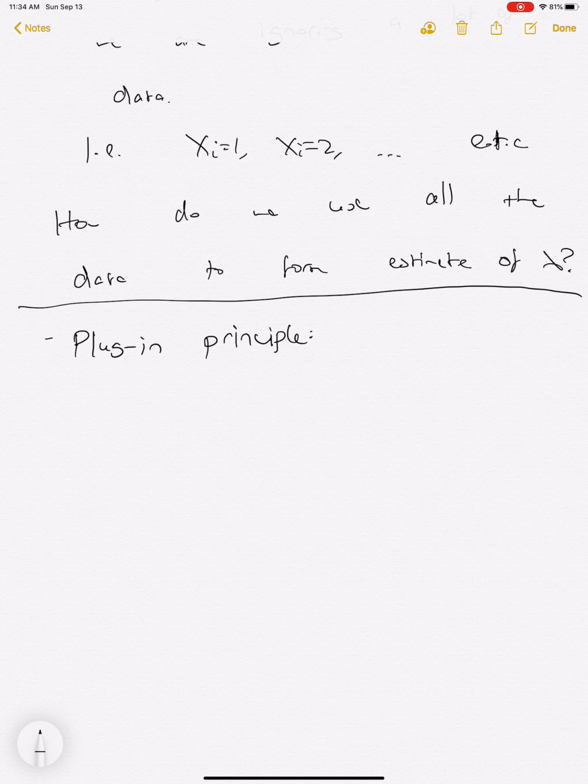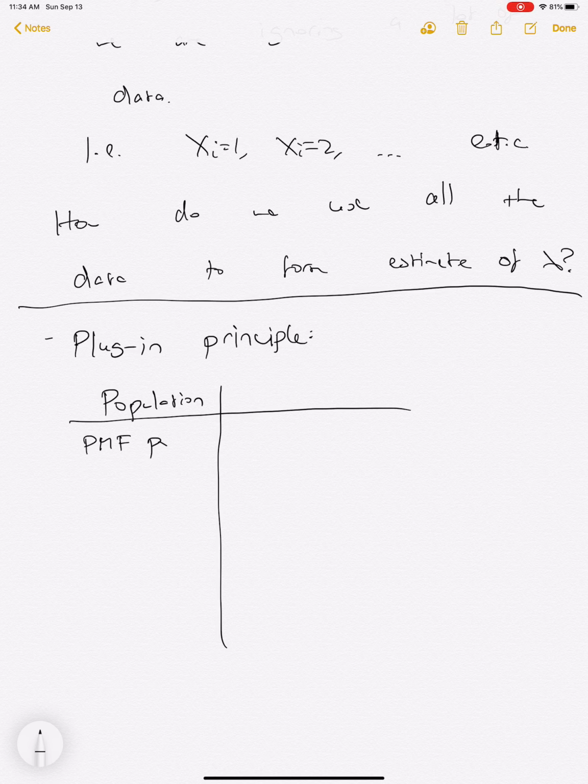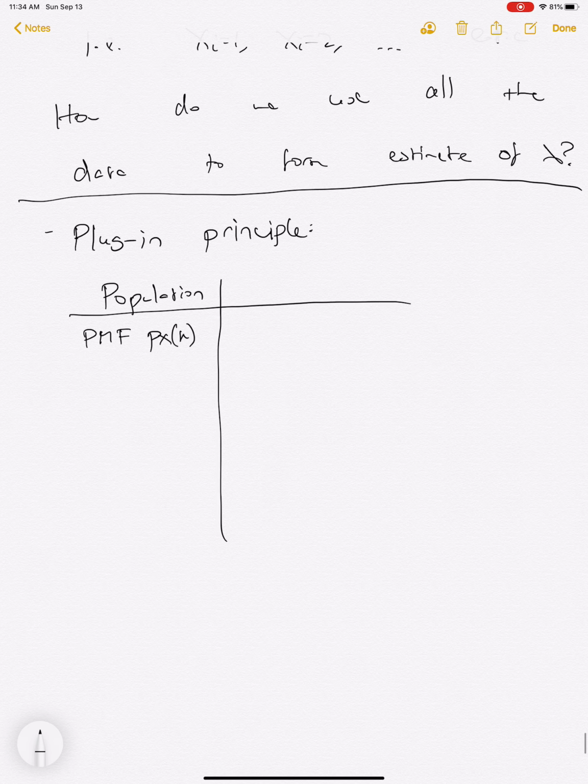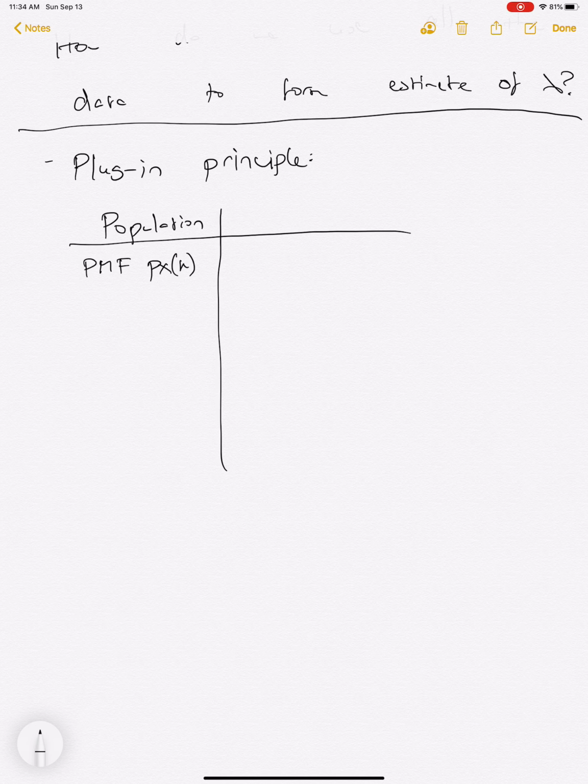In our population, we have the PMF, px of k, and then we also have the parameters, and we're going to use the notation theta.